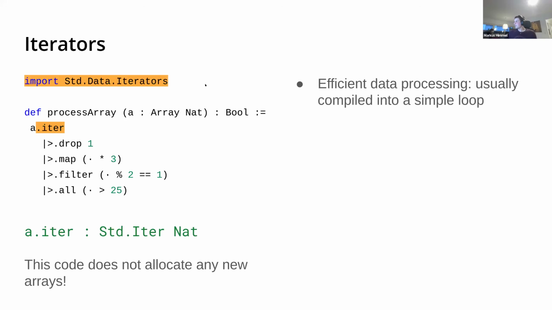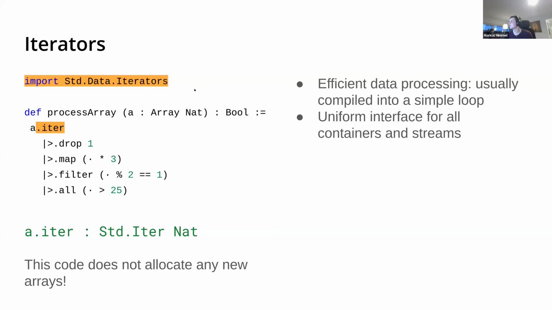And it does this by not working on arrays, but on working on these streams instead in a completely general way, which also means as long as a container or a stream exposes this Std.Iter interface, you get a completely uniform interface that looks the same wherever the data you're working with is coming from.